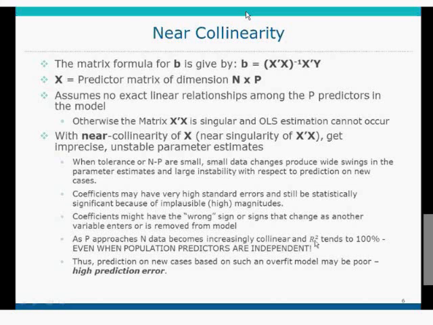R squared tends to 100%, even when the population predictors are independent. So the prediction of the dependent variable appears to be quite high. Thus, prediction on new cases based on an overfit model may be poor, with high prediction error.